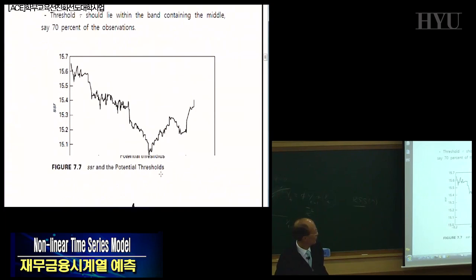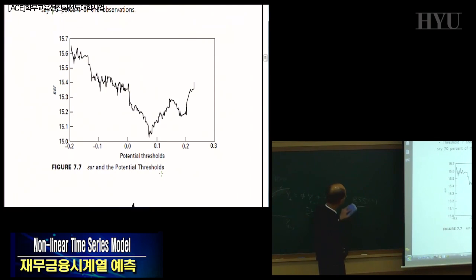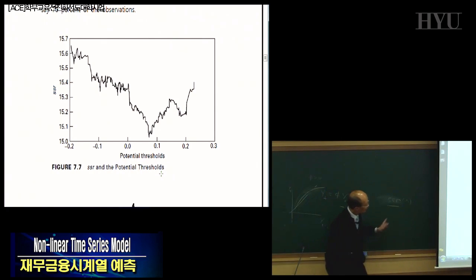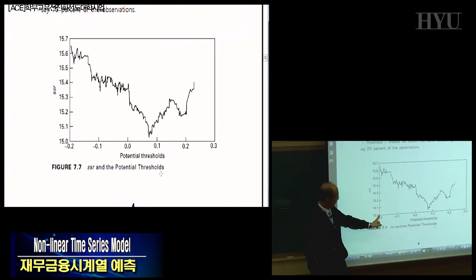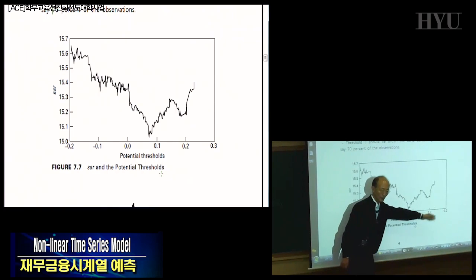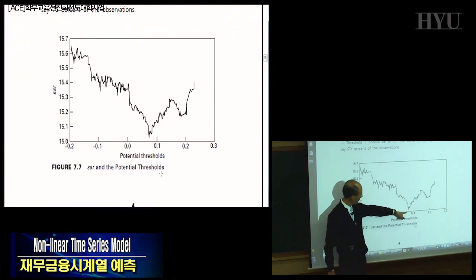So suppose you did that: SSR, the sum of squared residuals, varying from low to high. If you plot the sum of squared residuals, the minimizing point is probably the threshold, tau.